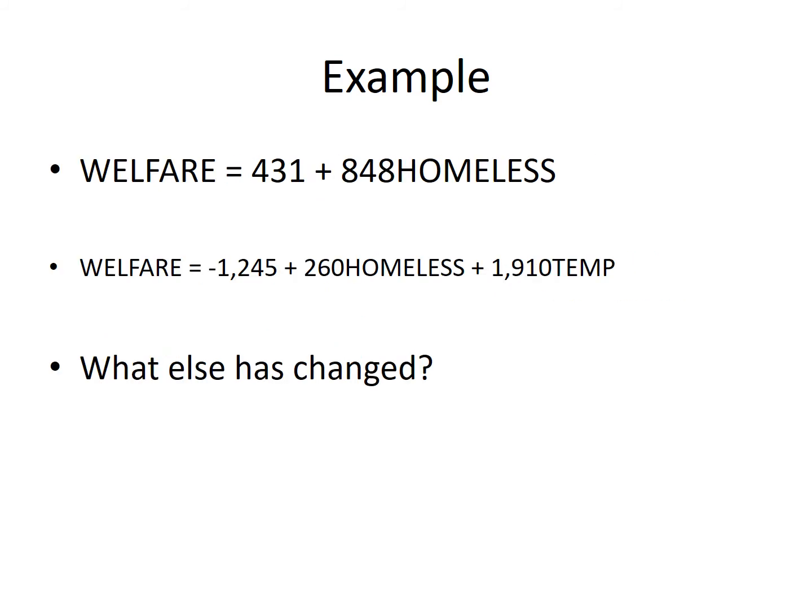So we can calculate these things about how much welfare is going to be produced by indicating homelessness as a numeric value, and temperature as a numeric value. So this slide basically suggests that the slope or the constant changed, the slopes from the two equations change, and by adding temperature, this moves us from a single regression model to a multiple regression model.